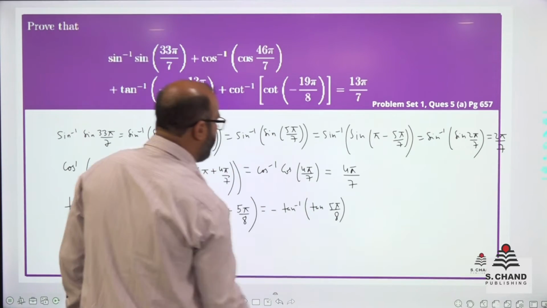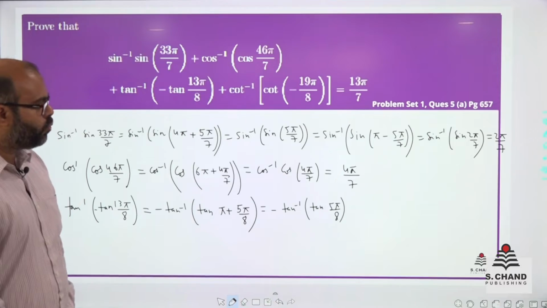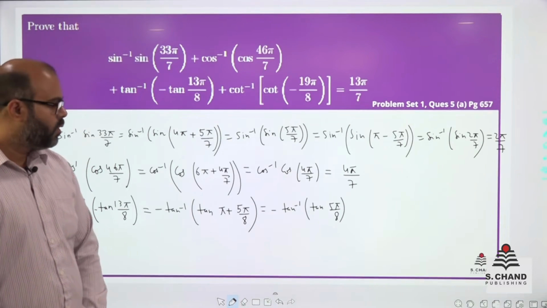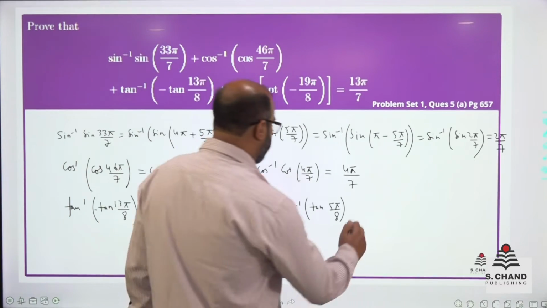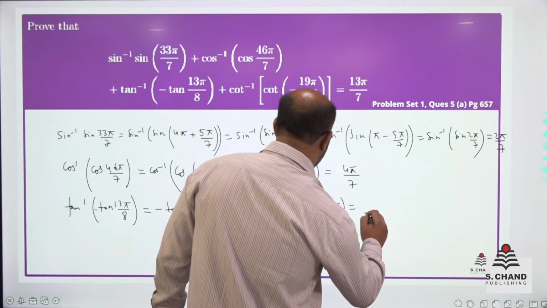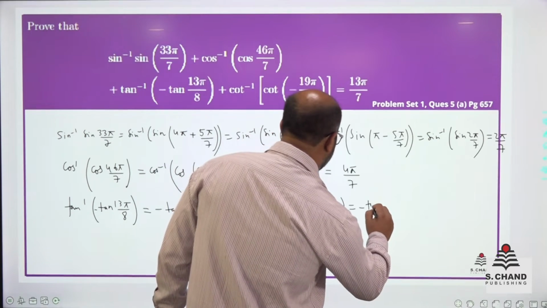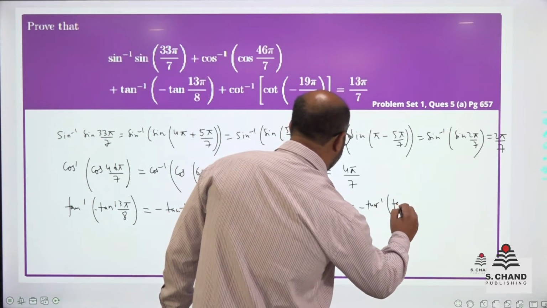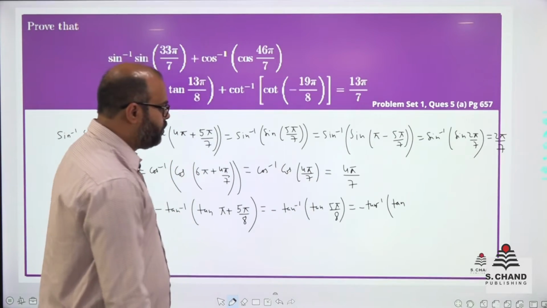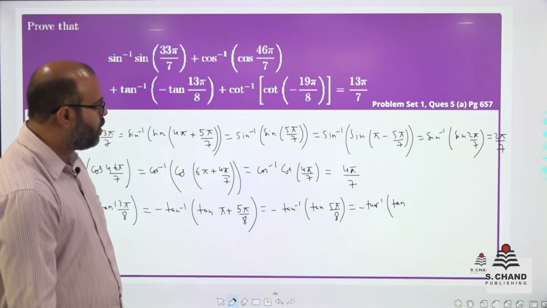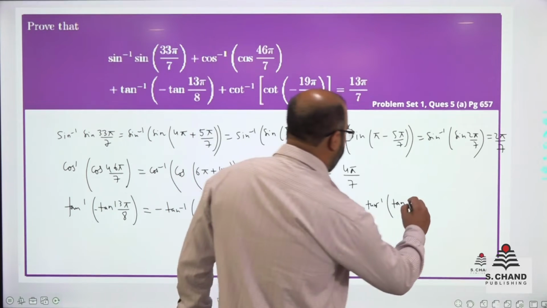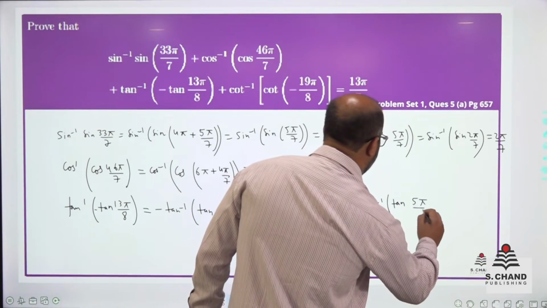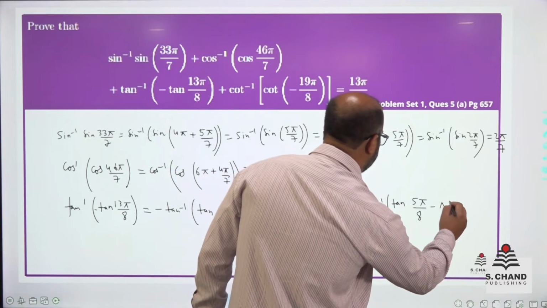Now this 5 pi by 8 is not between minus pi by 2 to pi by 2, it is greater than pi by 2. So again you have to do some manipulation. So what you will do, minus tan inverse of tan (5 pi by 8 minus pi).